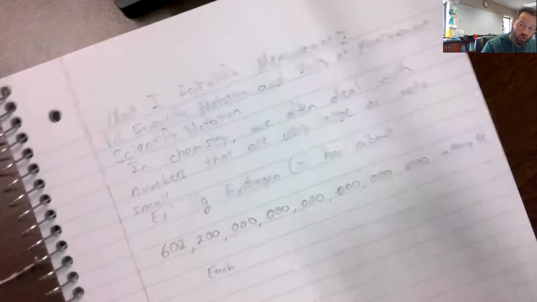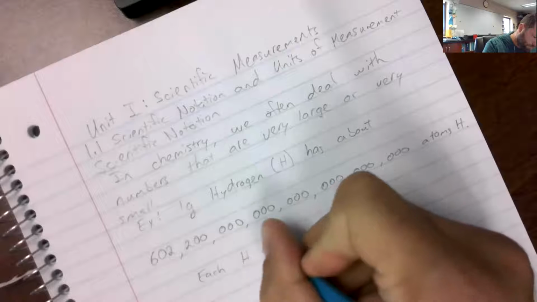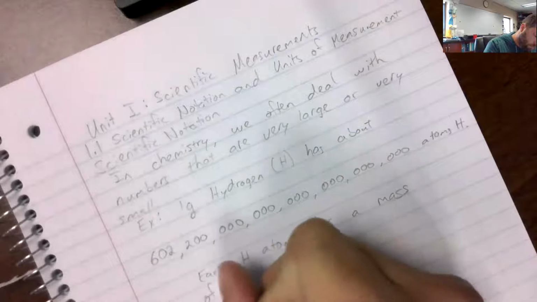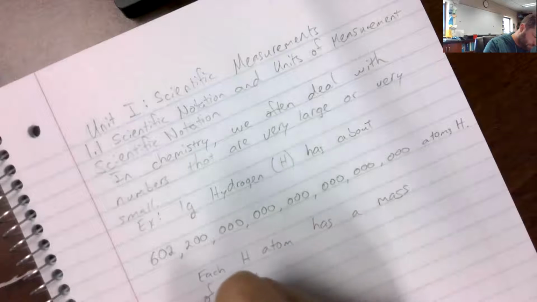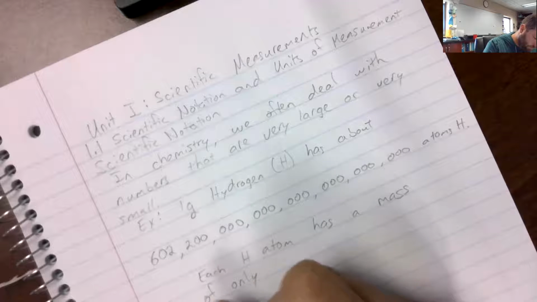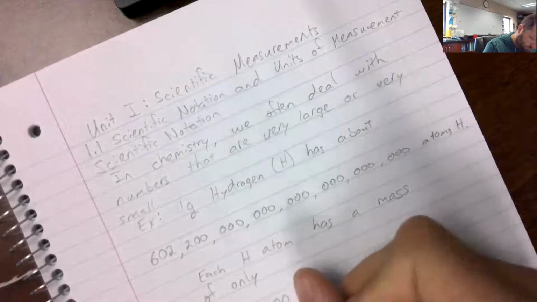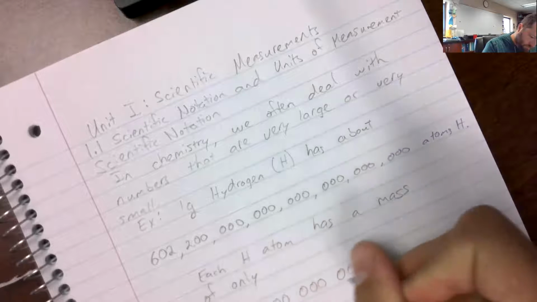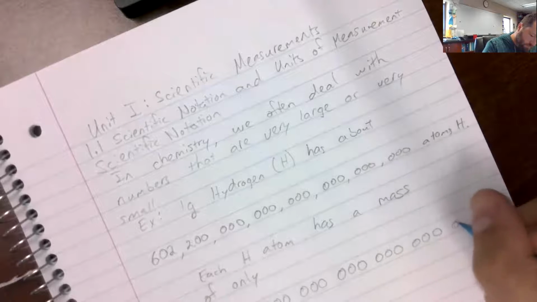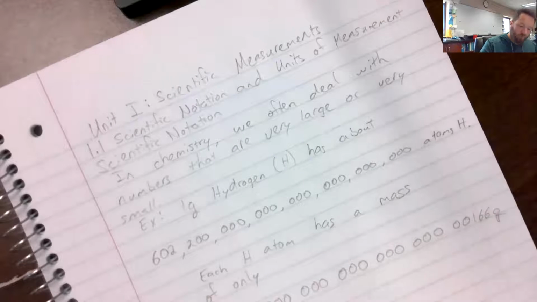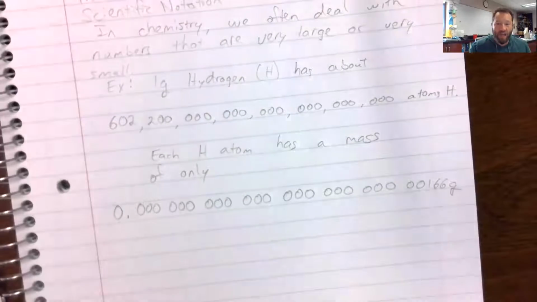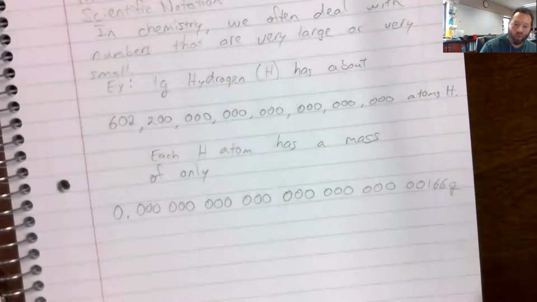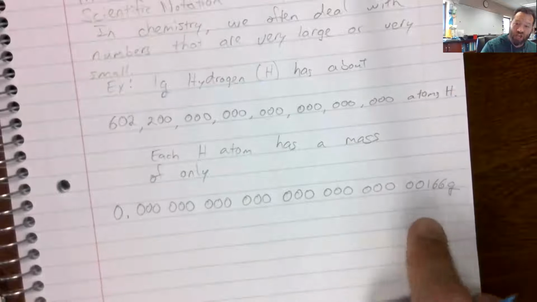Another example of a smaller number, a very, very small number. If you could have just one atom of hydrogen, if there's any way to do it, and there probably is not, but if you could, it would have a mass of about, well, a whole bunch of zeros behind the decimal point, and then 166 grams.